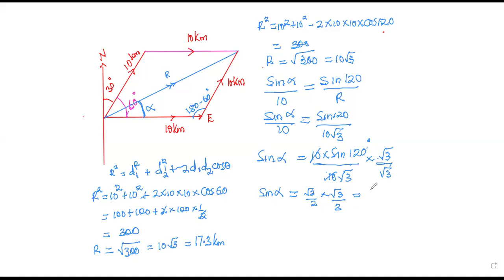So we have 3 divided by 2 times 3, which is 6, giving us 1 on 2. Therefore, alpha is equal to the sine inverse of half, which is 0.5, and this is equal to 30 degrees. Okay. So using the sine rule, this must be the resultant displacement and then the direction.